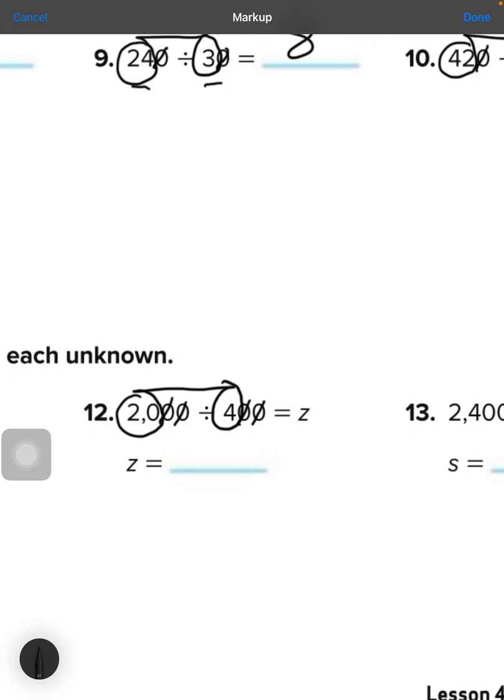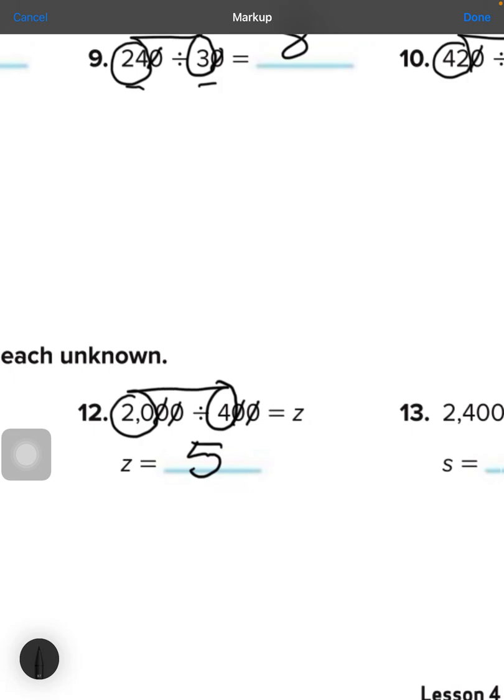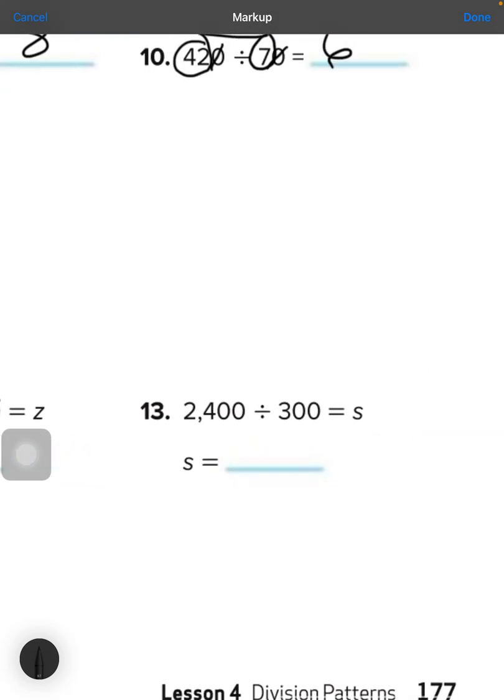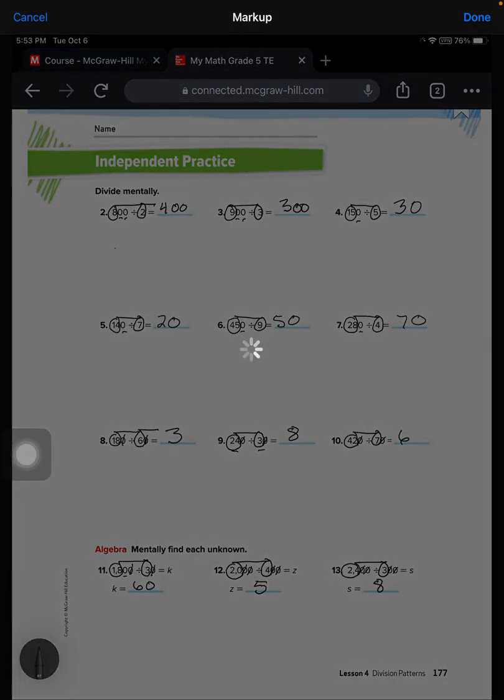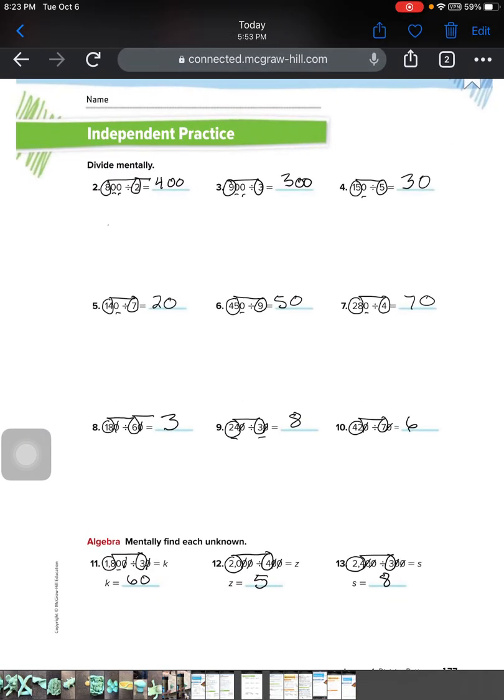Then we've got 20 divided by 4 equals 5. Number 13. Ooh, we can cross off 2 zeros here and 2 zeros there. 24 divided by 3 is a beautiful 8. Okay, that's what your answers should look like. Join me on page 178.